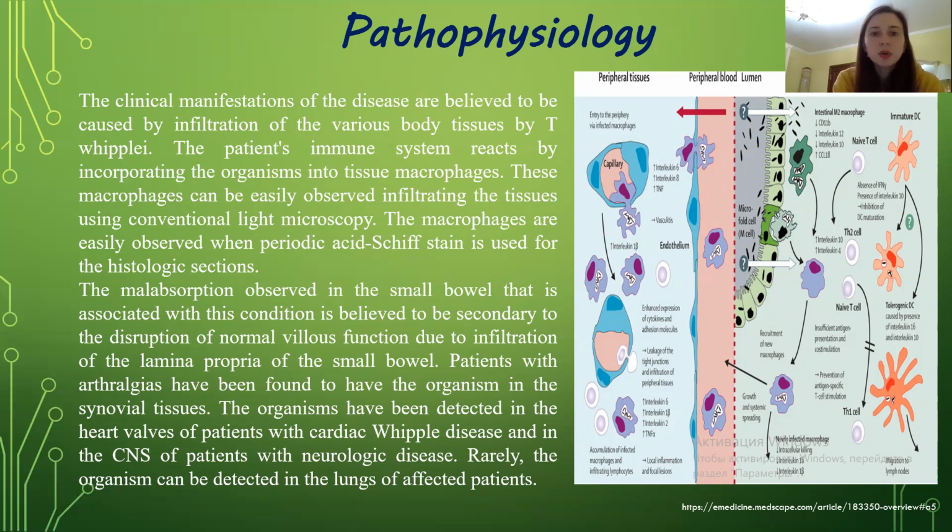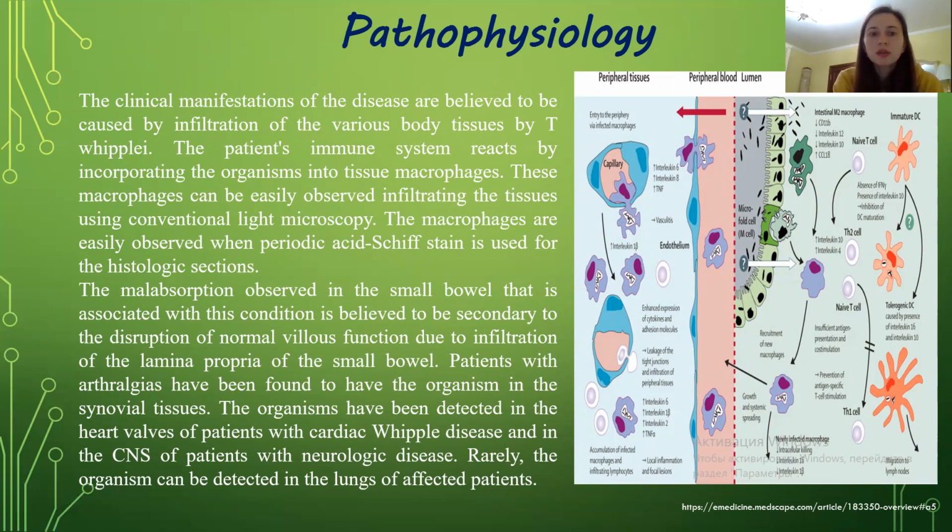The malabsorption observed in the small bowel that is associated with this condition is believed to be secondary to the disruption of normal lymphatic function due to infiltration of the lamina propria of the small bowel.